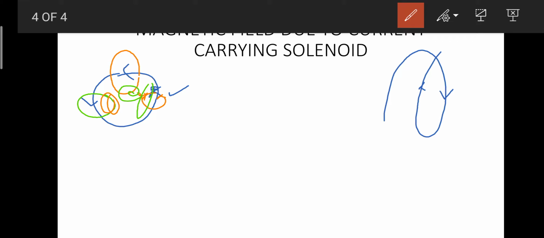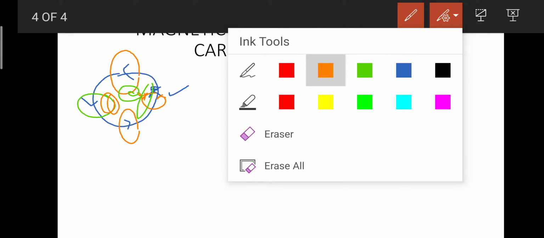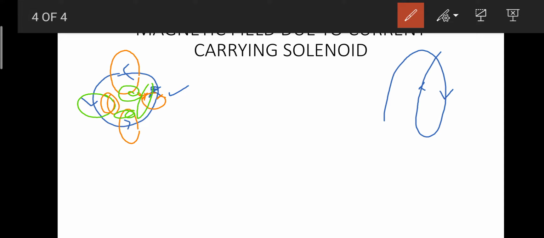And last but not least, at the fourth point, if I want to determine the magnetic field, I would again use the right hand rule. Inside the loop, at this particular point in this region, the direction of magnetic field would again be out of the screen.